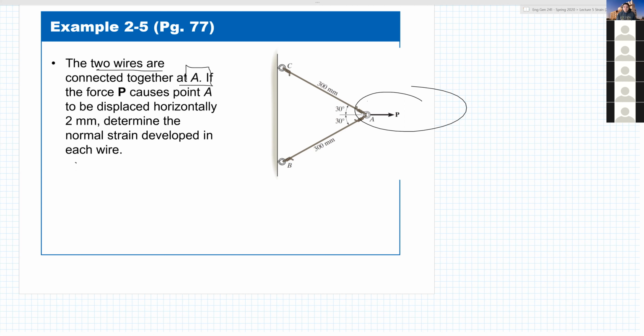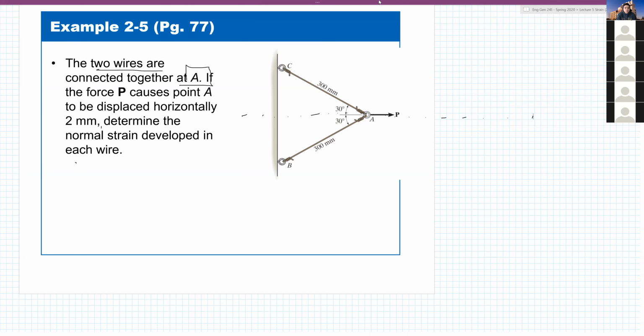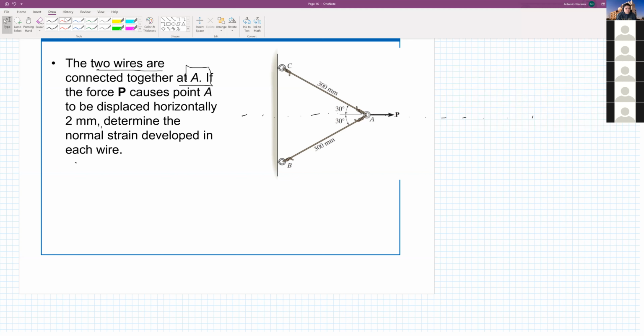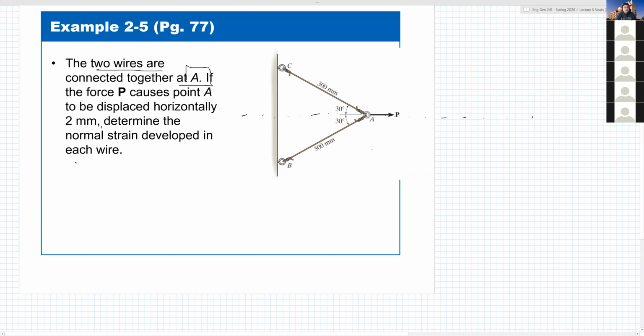What is the normal strain? And it makes sense that the cable itself is going to get longer, right? So one thing to note is that because of symmetry, we can actually split this in half. And we can look at the top half or the bottom half because, because of symmetry, they're both going to strain the same amount. So the problem says that point A displaces horizontally 2 millimeters.